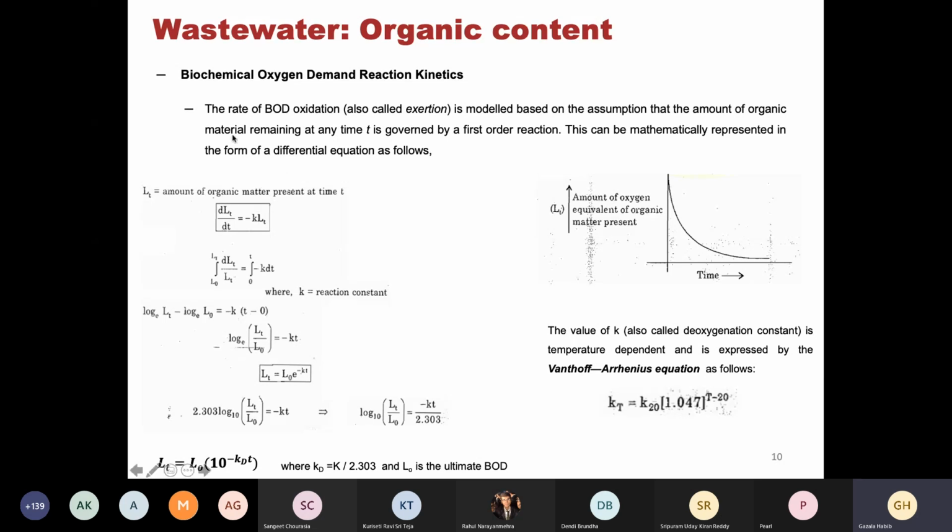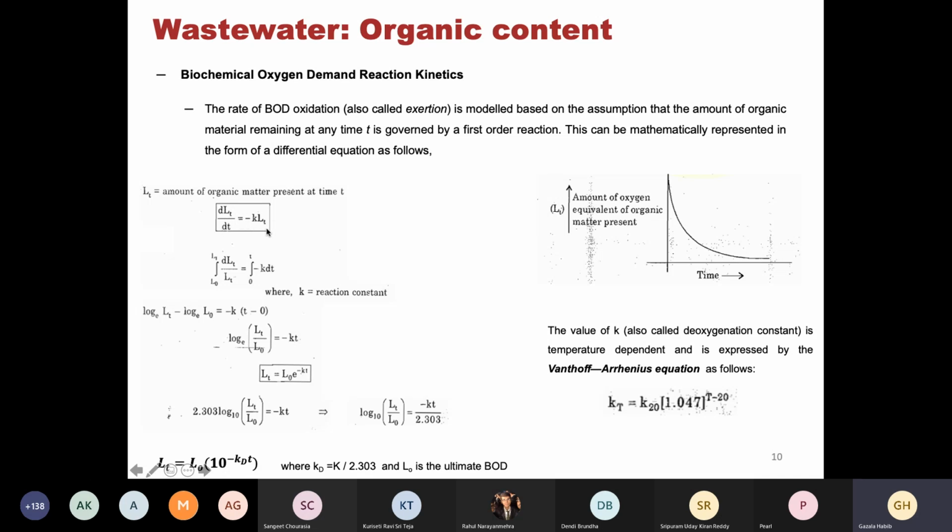In that case the rate of BOD oxidation, meaning oxidation of organic matter, is modeled based on the assumption that the amount of organic material remaining at any time t is governed by a first order reaction. This can be mathematically represented in the form of a differential equation.